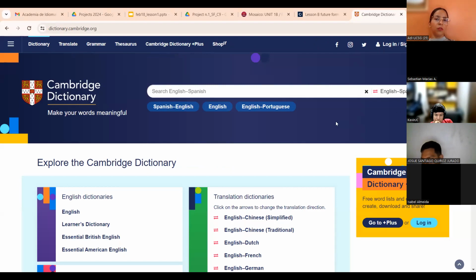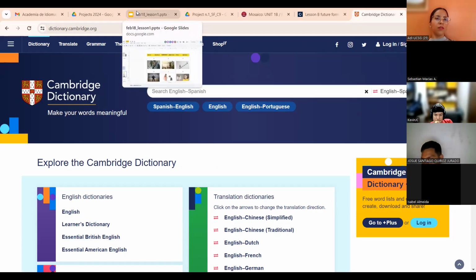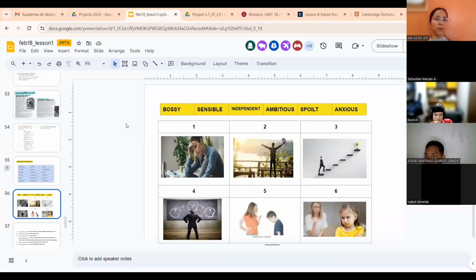Take a look at that web page, please. You will need it. If you want to improve pronunciation, you can use it because it's very, very useful.